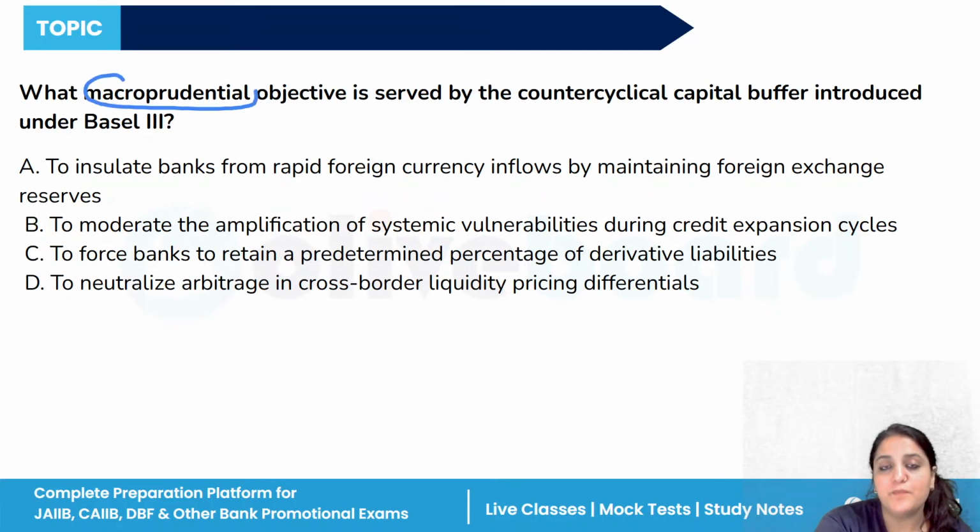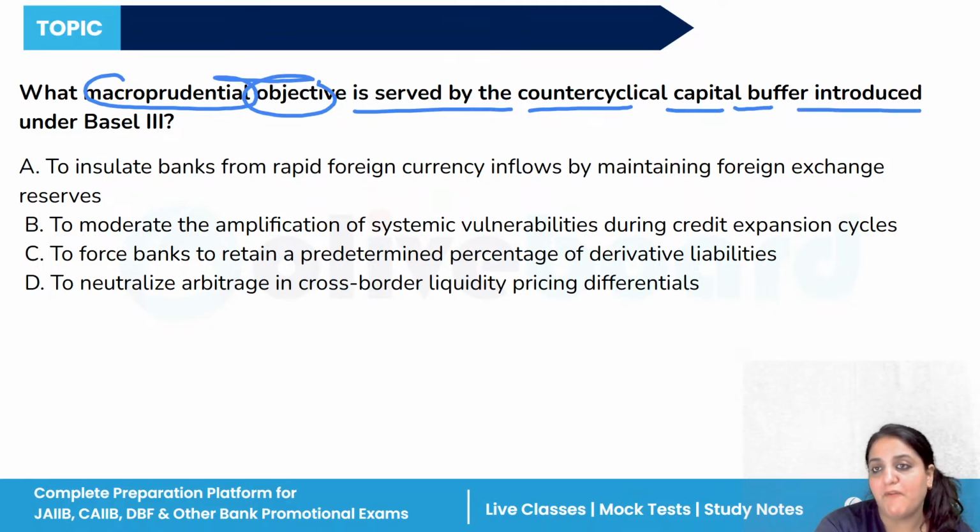What macroprudential objective is served by the counter-cyclical capital buffer introduced under Basel III?